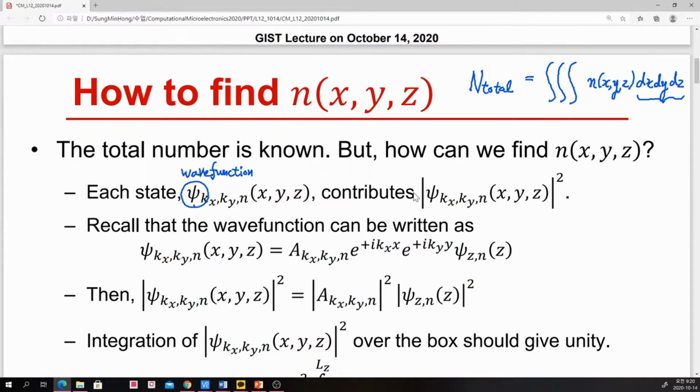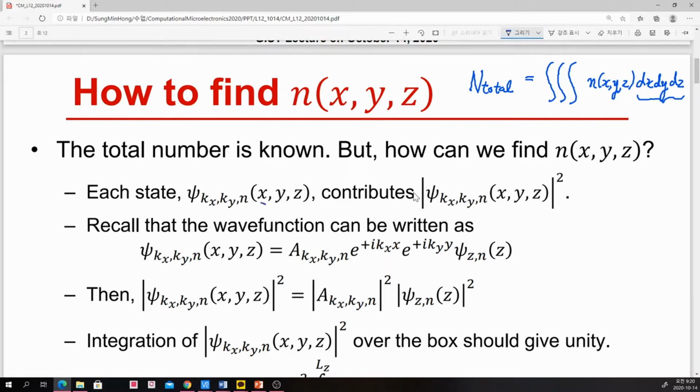So when we represent it as a function of position, of course, you can project not only in this x, y, z coordinate, but you can introduce many different ways to project your wave function. However, in this course, we will just use the simplest one, this position dependent projection.